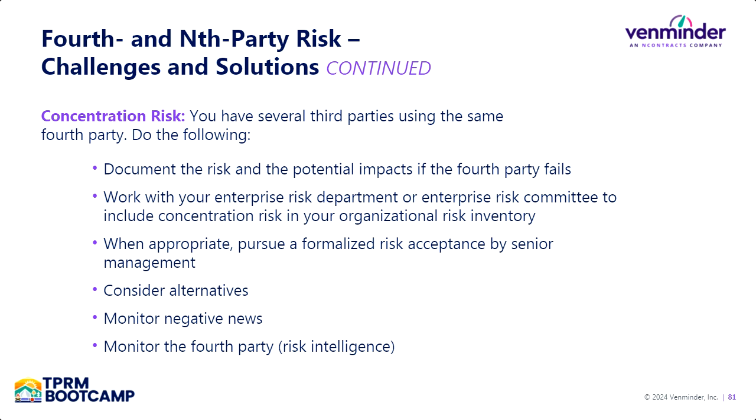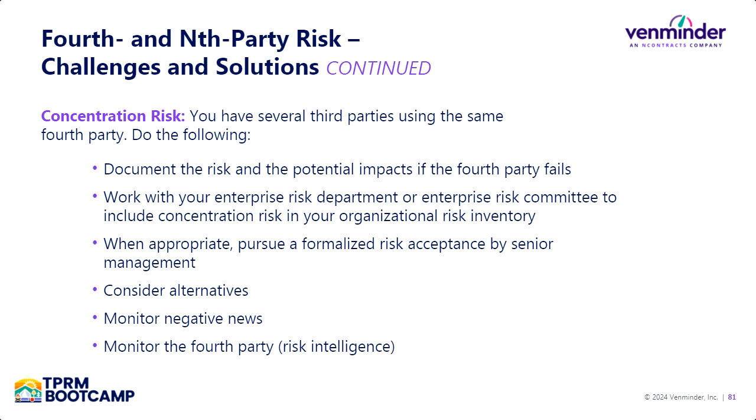So let's talk again about concentration risk. Remember, this is where you have several third parties using the same fourth party. So here are a few things you can do to help mitigate that risk. Again, document the risk and potential impacts if that fourth party fails. So if that fourth party fails, again, you have now multiple vendors who could also have an impact.